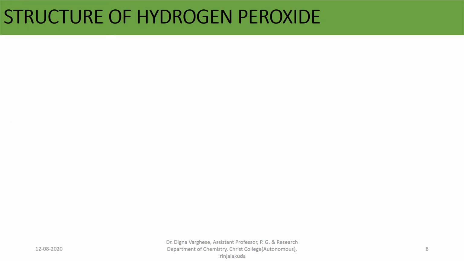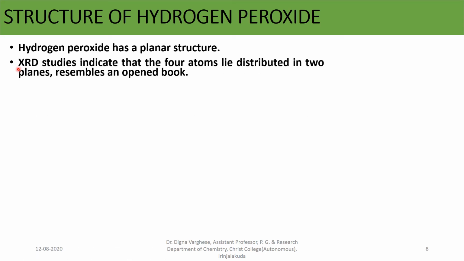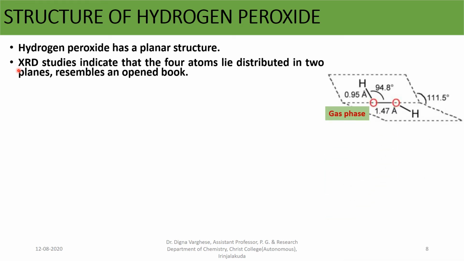Structure of hydrogen peroxide. Hydrogen peroxide has a non-planar structure. XRD studies, that is X-ray diffraction studies, show that the 4 atoms, that is 2 hydrogen atoms and 2 oxygen atoms, lie distributed in 2 planes, resembling an open book.